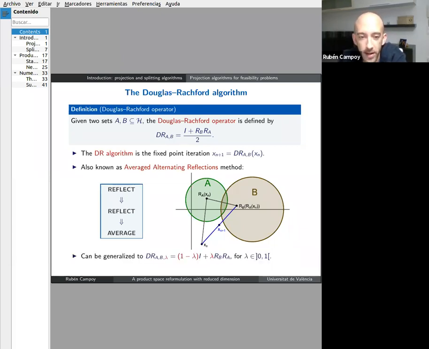Or more generally, instead of having 1/2 of the identity plus 1/2 of the reflectors, with any lambda convex combination, everything works. This is why it's also called the averaged alternating reflections method, because of this geometrical interpretation.